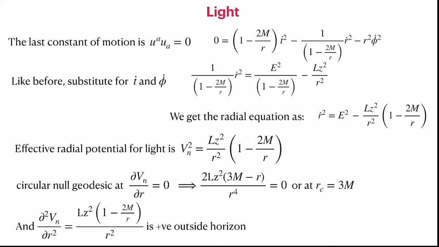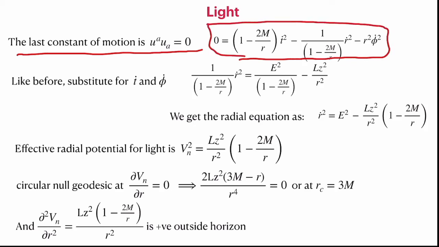So look at what happens to the light. We have the condition u·u equal to 0, and this is the third conserved quantity which we have. Like before, we substitute for T dot and phi dot from the earlier equations of motion, and what we get is r dot square divided by 1 minus 2m by r is equal to E square divided by 1 minus 2m by r minus Lz square by r square.